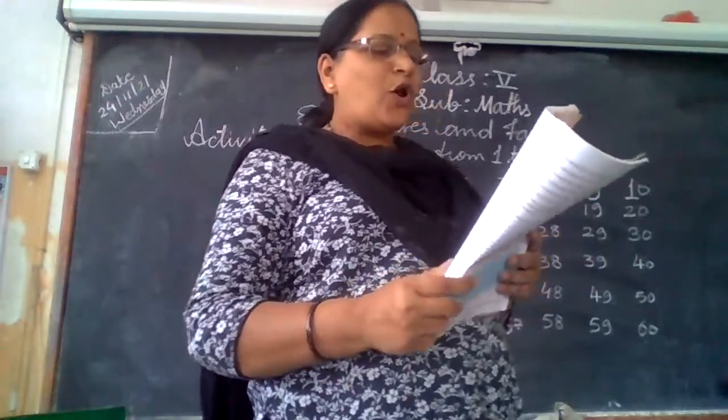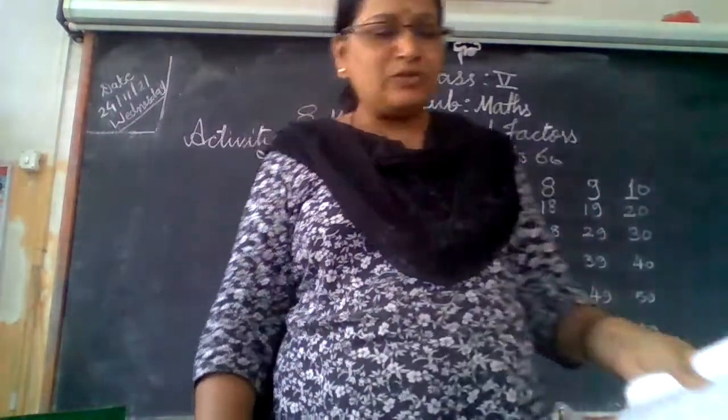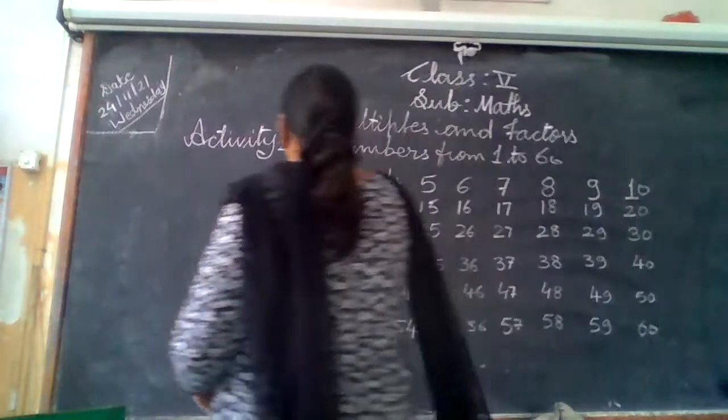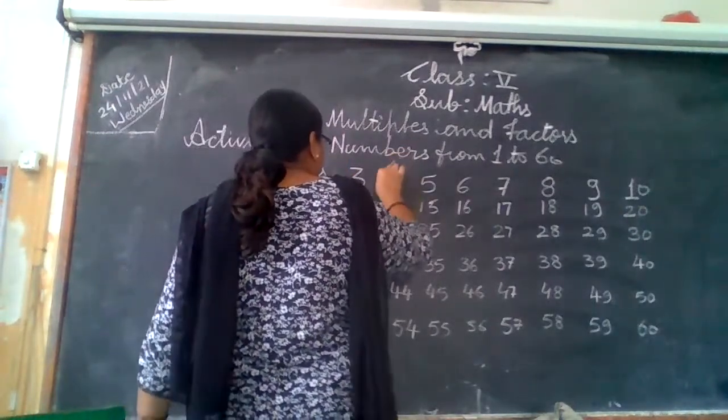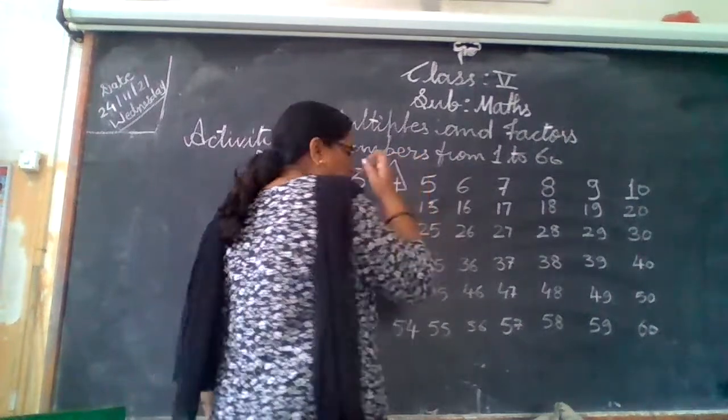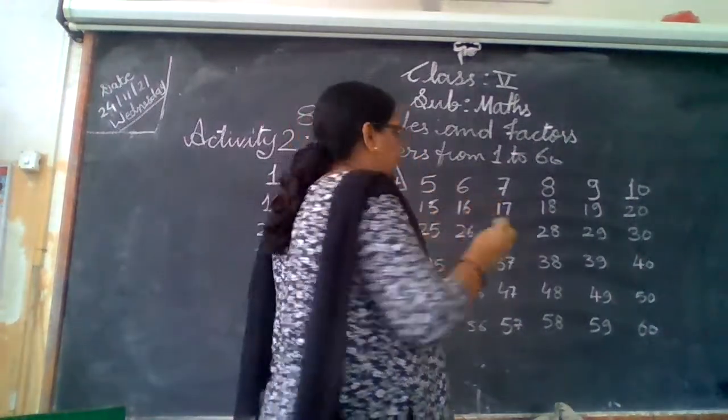Draw a triangle around the multiples of 2. It means you have to draw a triangle around the even numbers.